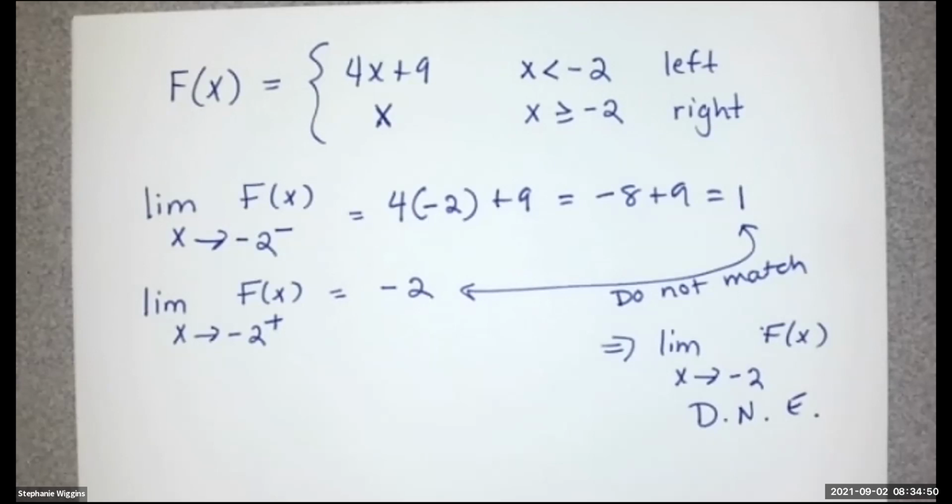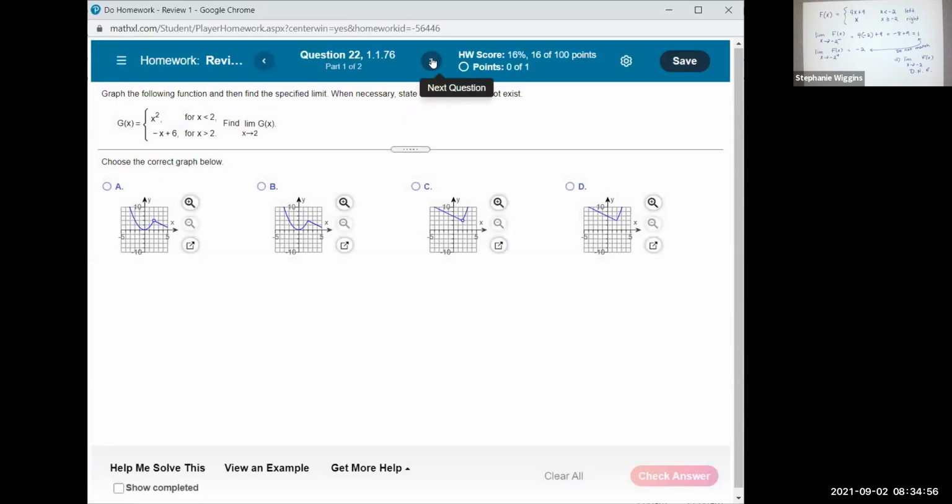Moving on. Let's see what else we got here. I didn't graph it, so this time I'll look at the graph. I forgot to do that on the last problem.